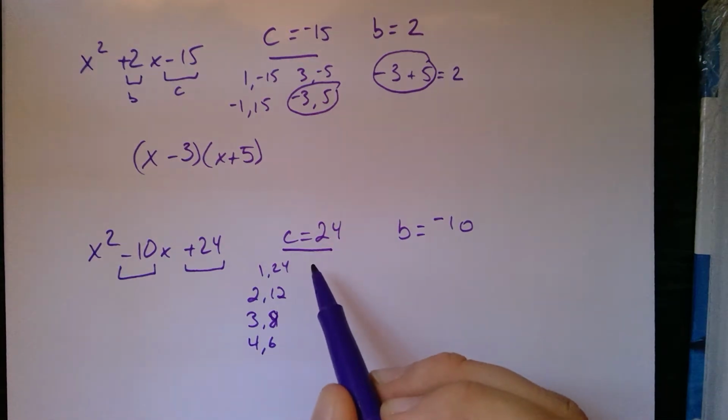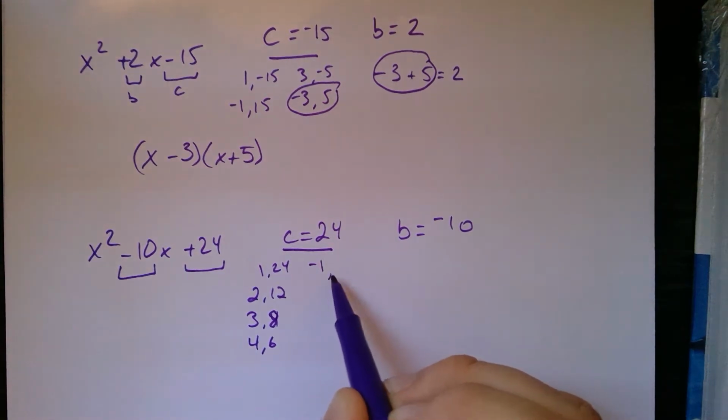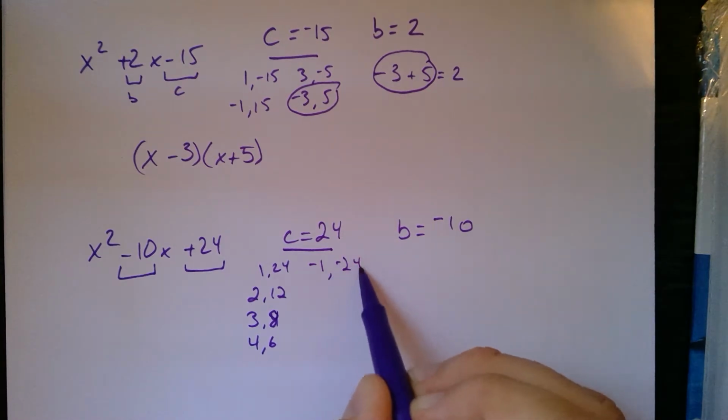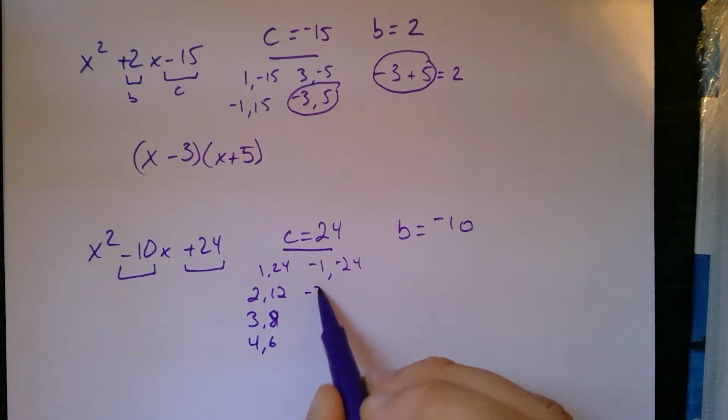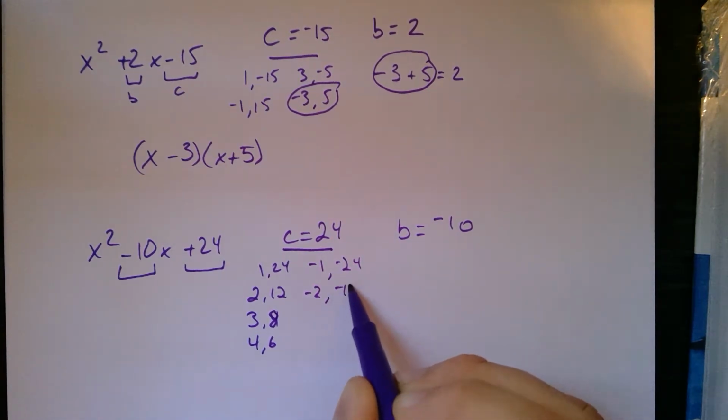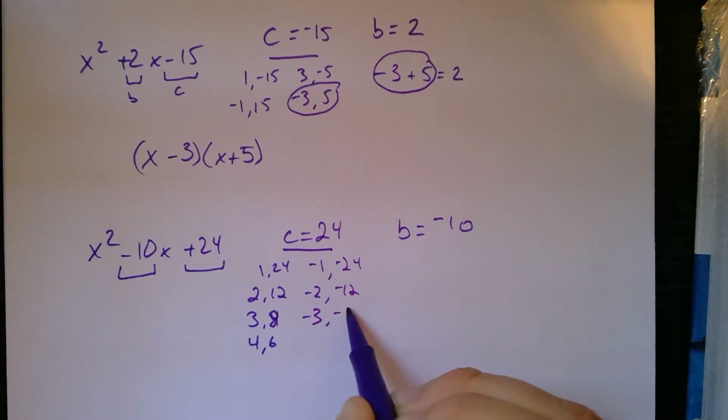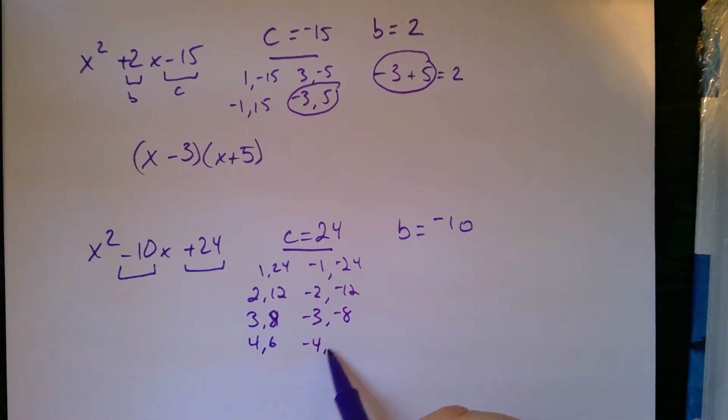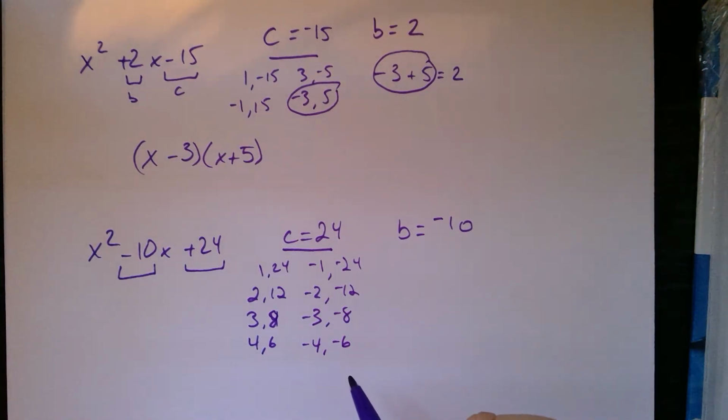So we can also say negative 1 and negative 24 multiplies to make 24. Negative 2 and negative 12, negative 3 and negative 8, and negative 4 and negative 6. Okay, so looking for which pair makes negative 10, it's not going to be any of the positive ones.